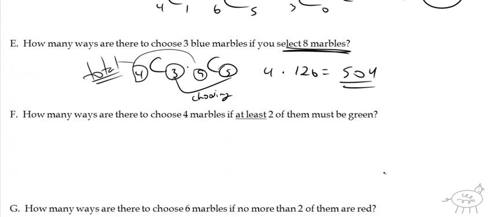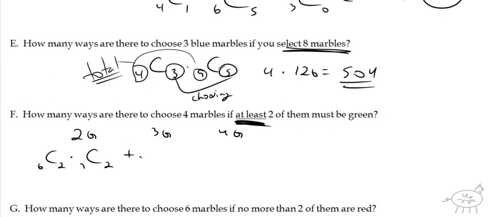Okay. F, how many ways are there to choose 4 marbles if at least, there's again the key word there, it's underlined, 2 of them must be green. So that means I either have 2 green, I have 3 green, or I have 4 green. Okay, if it's 2 green, I have 6C2, and I'm choosing 4 marbles. And out of the other ones, if you add up the reds and the blues, it's 7. So it's 7C2.